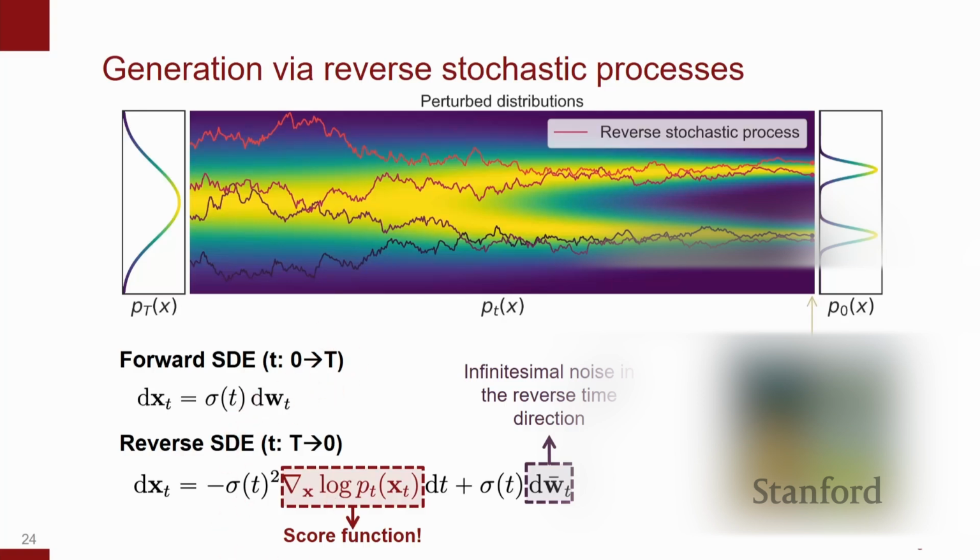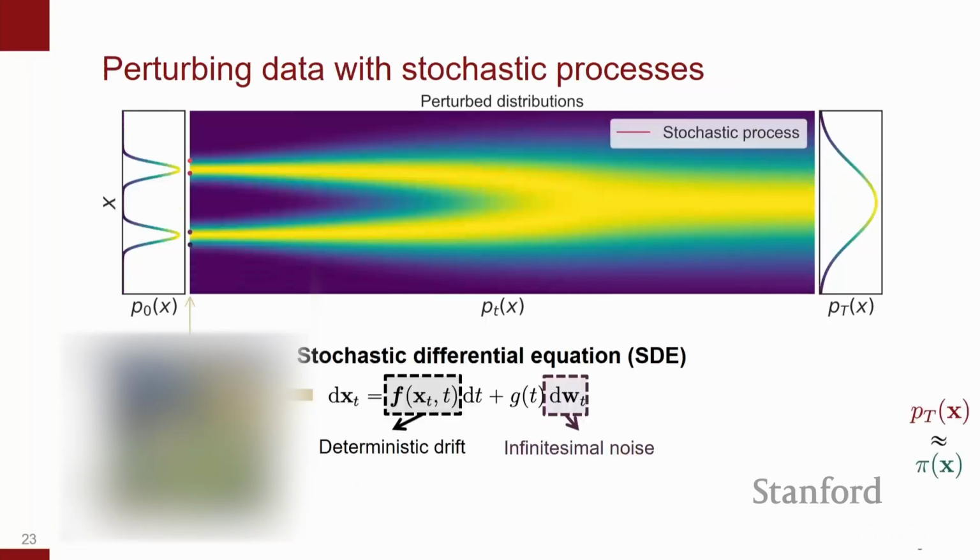So the stochasticity is basically this dWt. At every infinitesimal step, you add a little bit of noise, and in the reverse process, you're also doing it. So in that sense, it's a stochastic differential equation. If that term was 0, so if you didn't have that here, then it would be an ordinary differential equation, where the evolution is deterministic.